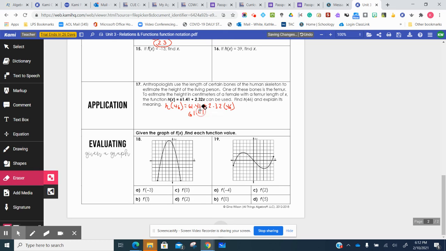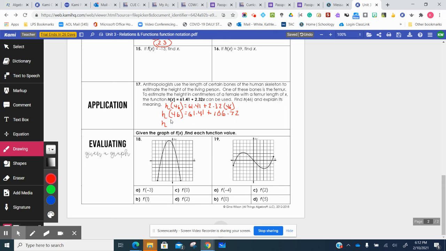Again, ugly pen. All righty, we want to make sure we know that that's a 41. And I'm going to still keep h of 46 here. I like the way that looks. And then we're going to add to that 46 times 2.32. So when I do that, I should get 106.72.